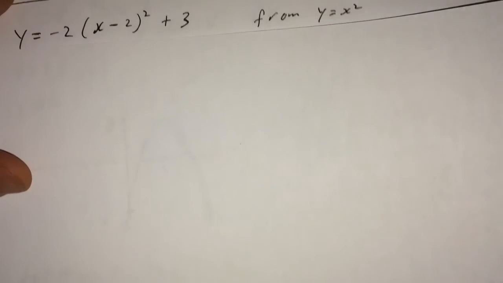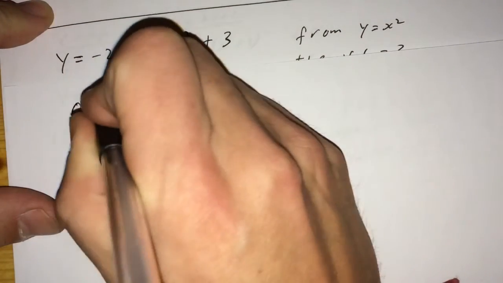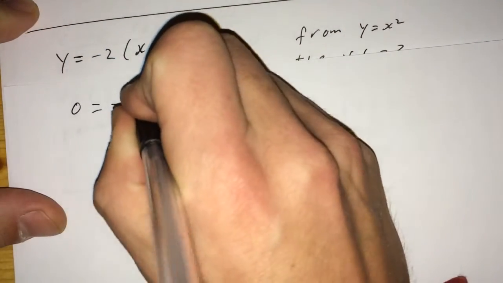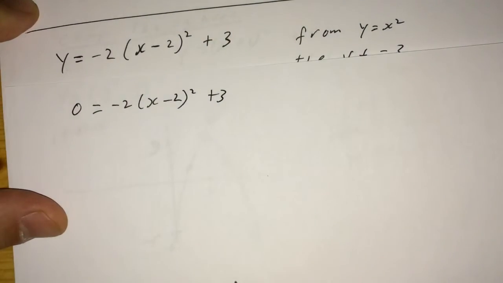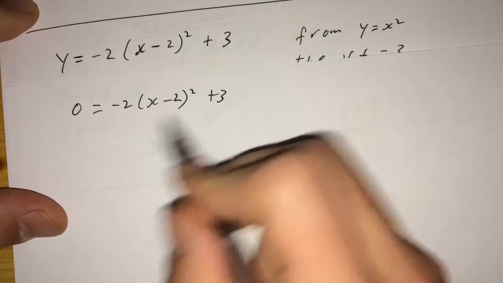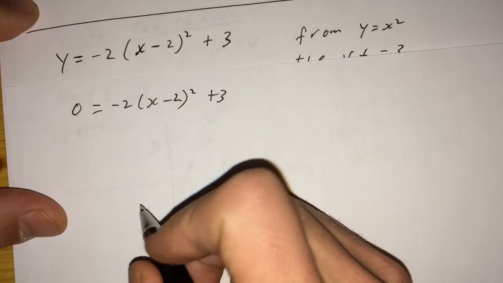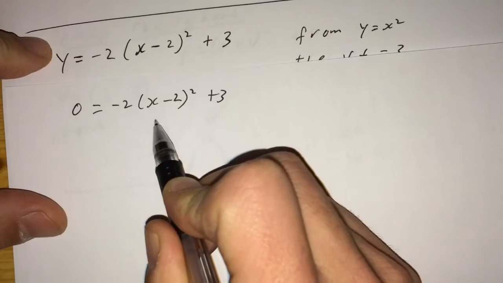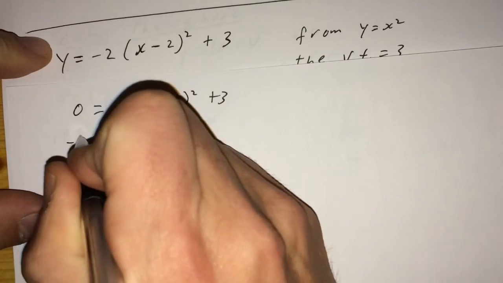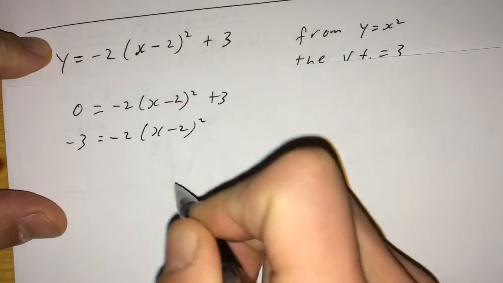So leaving that form, setting that equal to 0, I'll show you that right now. Setting that equal to 0, you get 0 equals negative 2 times (x minus 2) squared plus 3. How can you then solve this? Well, we had a method for solving quadratic equations by completing the square. You've already completed the square here, or it's already been done for you. So now you can bring the 3 over, so you get negative 3 equals negative 2 times (x minus 2) squared.